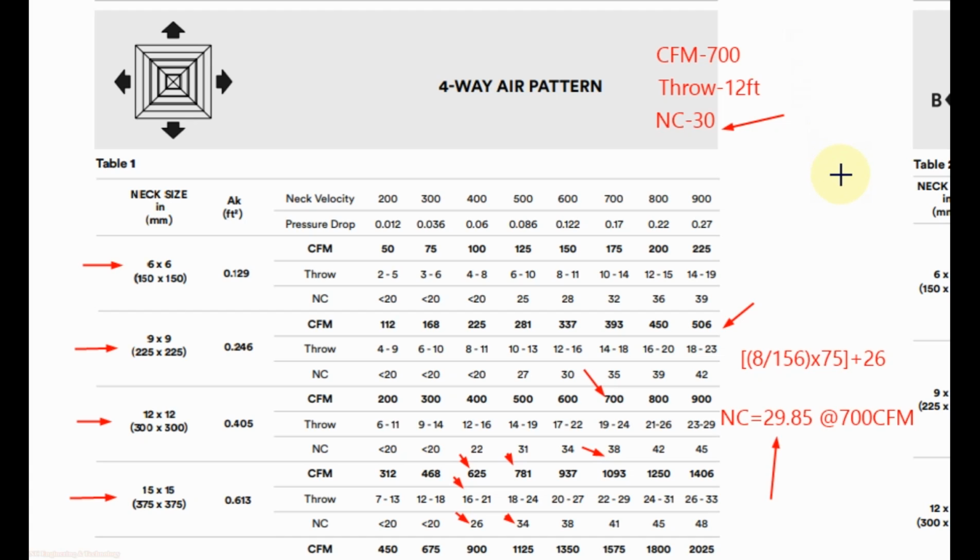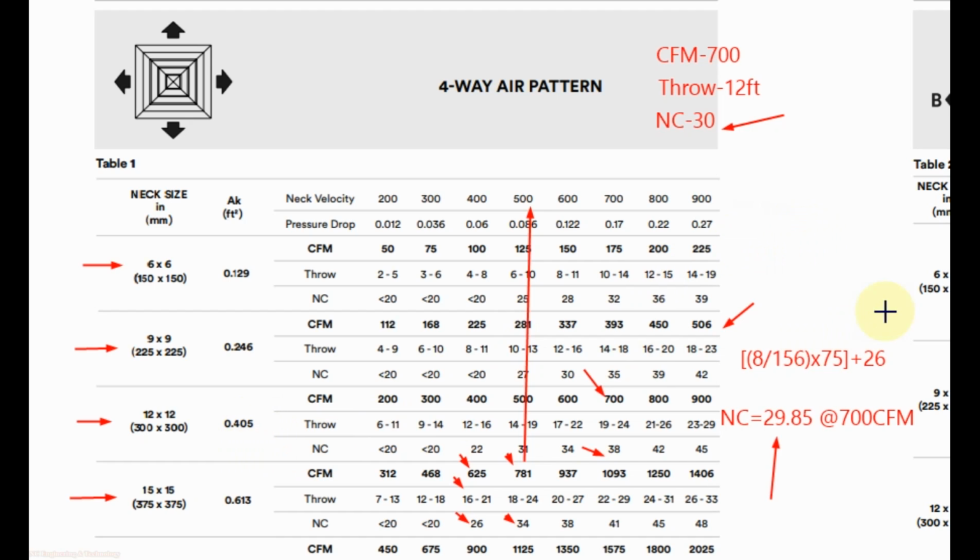Now we will check the neck velocity. It is general practice to select grills and diffusers at a maximum neck velocity of 500 fpm. For 781 the neck velocity is 500, so for 700 CFM it will be less than 500 fpm. So it is okay.